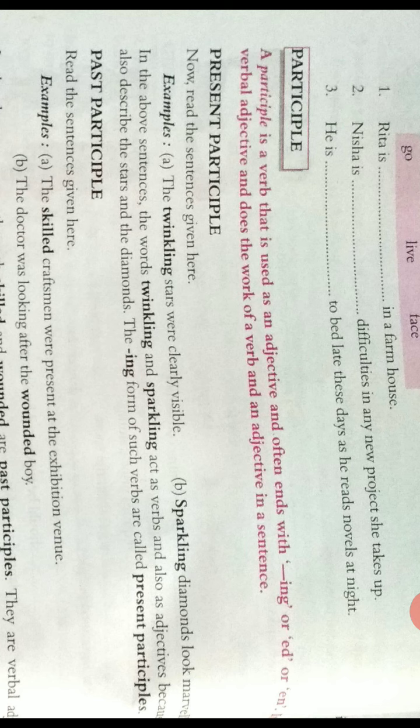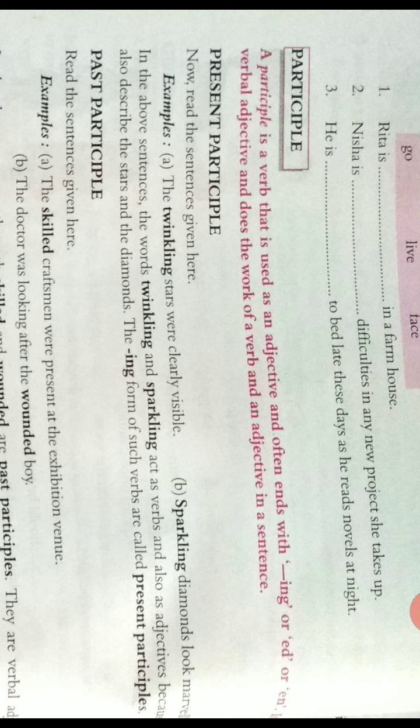Now, another example that I would like to give is: sparkling diamonds look marvelous. If we simply say diamonds look marvelous, there is no participle in that. But if we add the word sparkling, the word sparkling is telling something about diamonds. So it means it's a present participle.